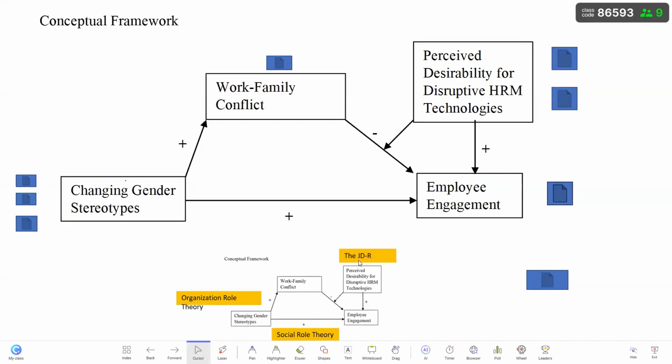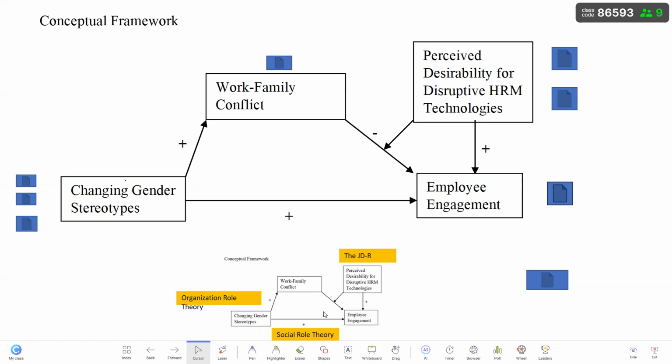By integrating all these three theories into one particular model, you can't find any framework which integrates all these three theories into one holistic model other than this, right?